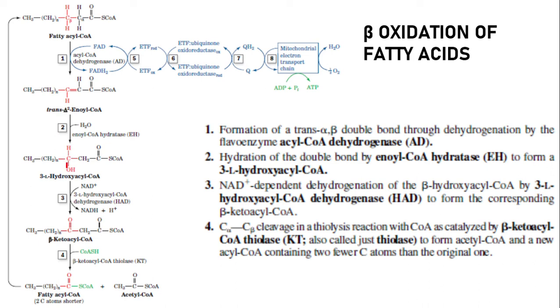So two hydrogen atoms are removed from the beta carbon atom. That's why now only an oxygen atom is remaining here, and it is bonded by a double bond. So it is a beta keto compound. What is formed is beta keto acyl coenzyme A. And what's the name of the enzyme? It is hydroxyacyl CoA dehydrogenase.